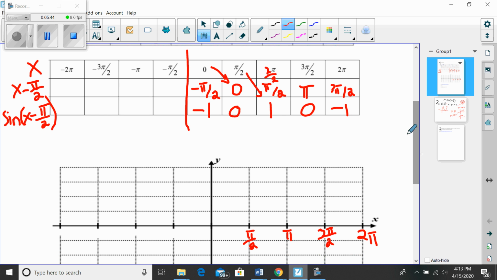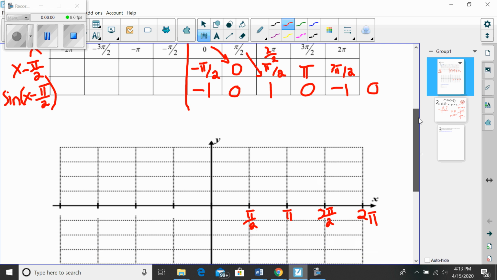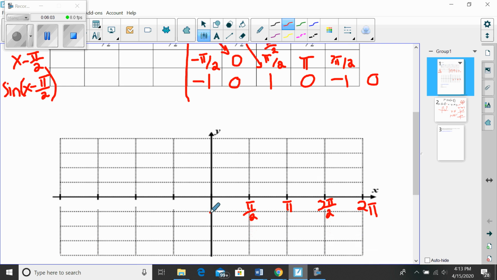To finish my sine curve, one standard sine curve, I'm going to have to go another quarter here, because my standard sine curve goes from 0 up, back to 0, down, back to 0. So at 0, I'm at negative 1, then 0, 1, 0, negative 1. I'd have to add another quarter here to complete my full cycle of the sine curve.